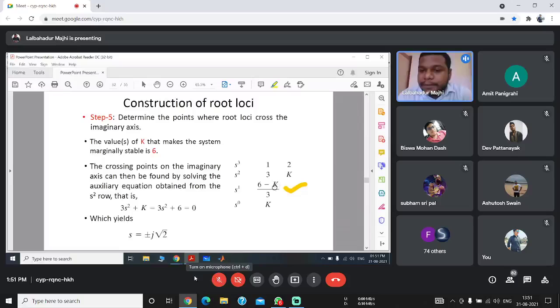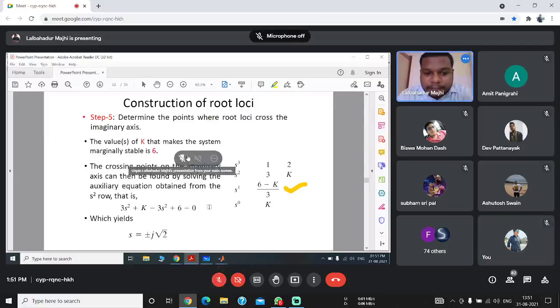So for some value of gain k we will get a marginally stable system. So for k equal to 6 we are getting a marginally stable system. Then we have to determine the values from this auxiliary equation. If this becomes 0 and this becomes 0, then we solve by taking the auxiliary equation.